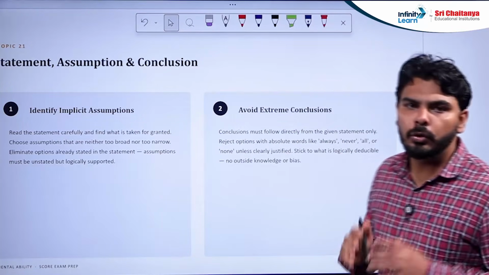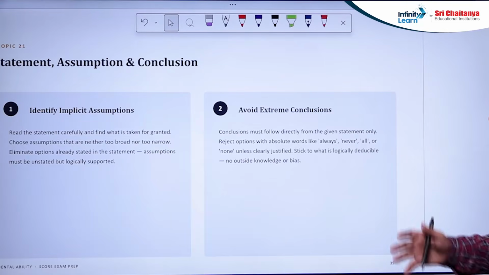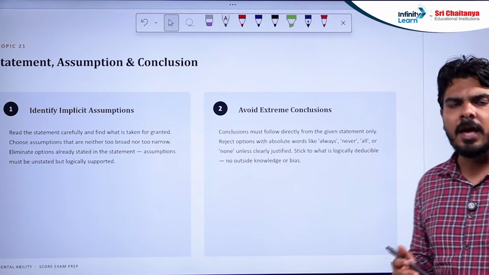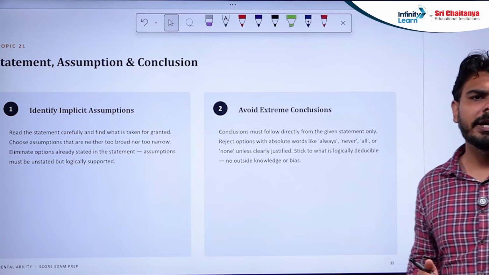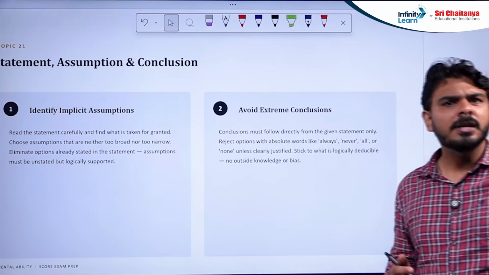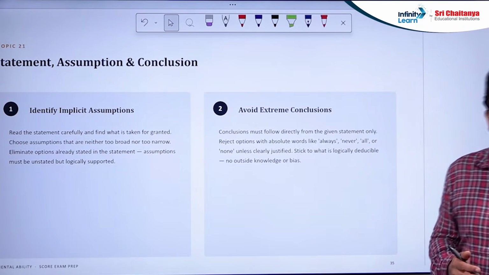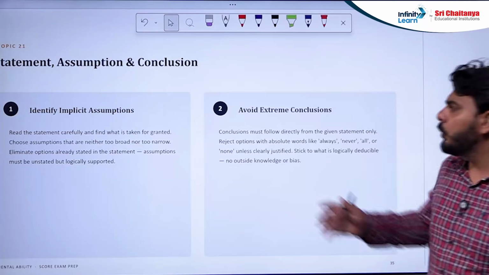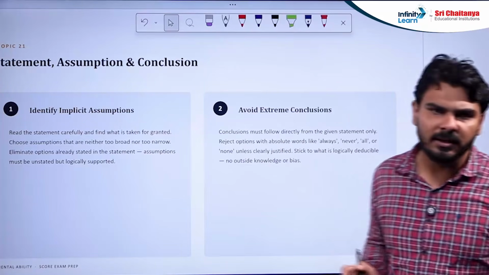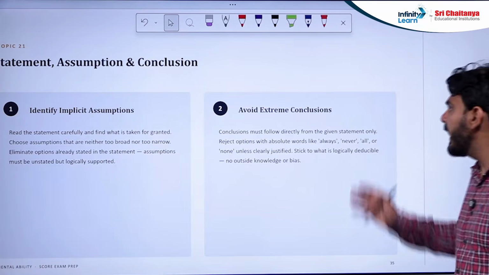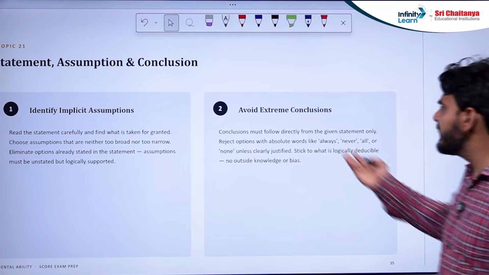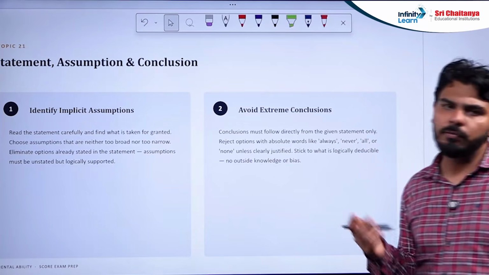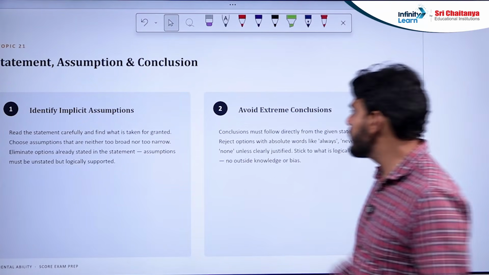So you just have to figure out the implicit statement or implicit assumptions. There are some rules, some tips, some tricks, that if you know them, you will be able to solve these kind of questions very easily. Okay, there is nothing to worry about. Next thing is avoid extreme conclusions. This is also one of the points that will be helpful for solving these kind of questions.